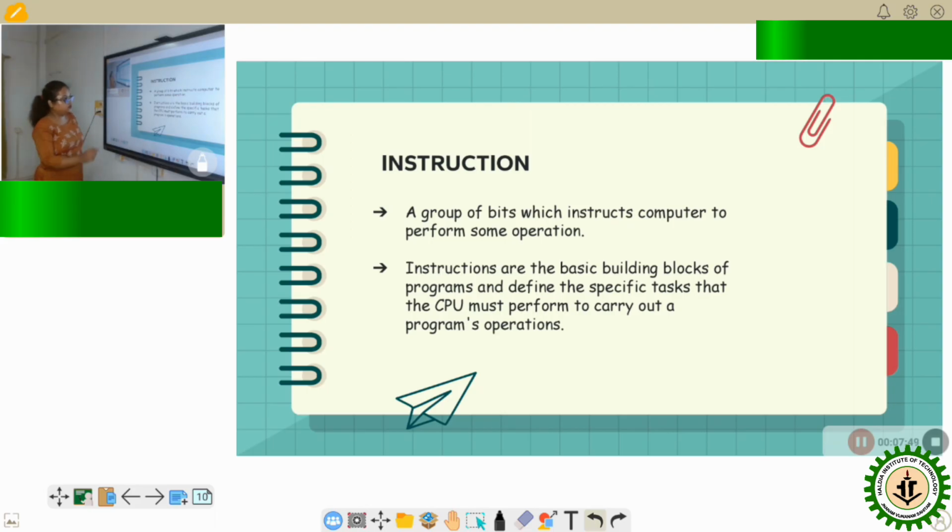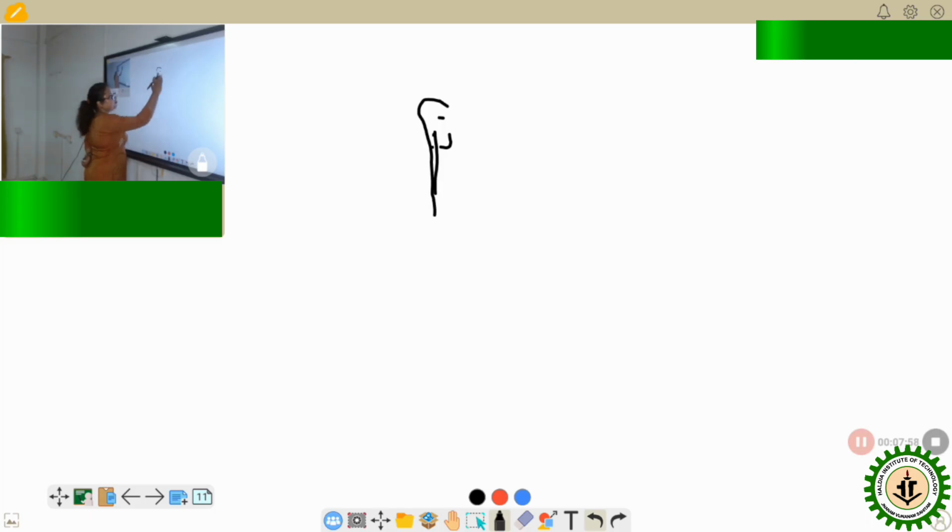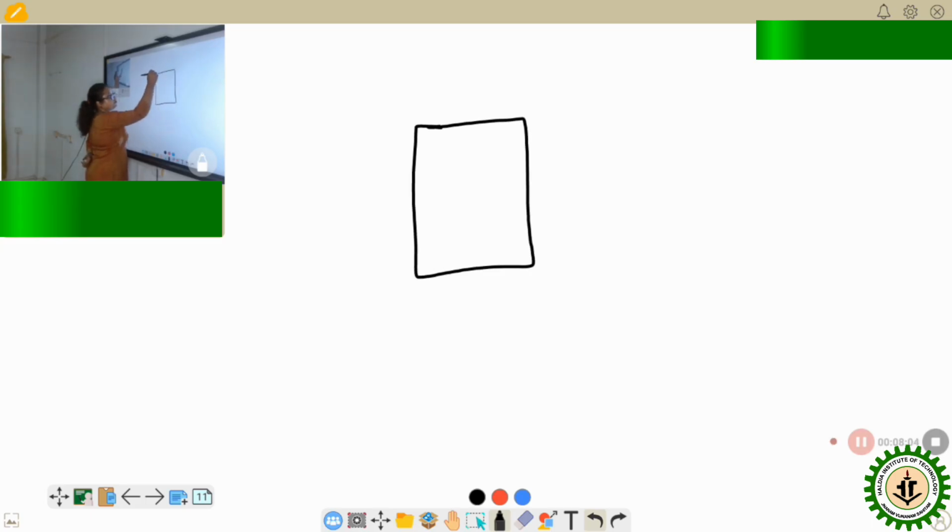So a group of bits means, suppose this one is the digital computer, that is CPU.